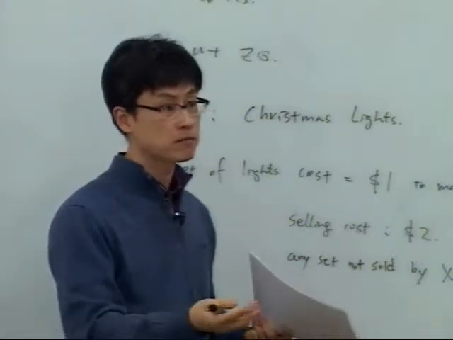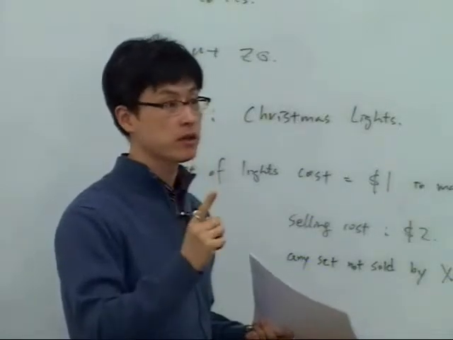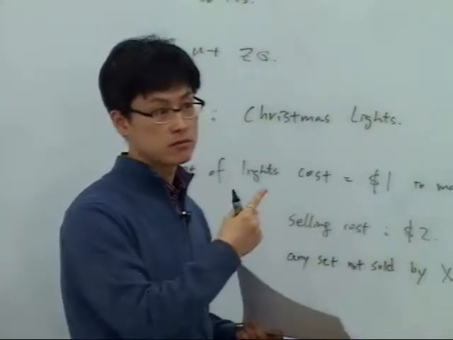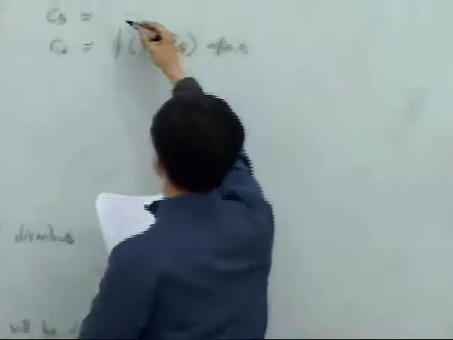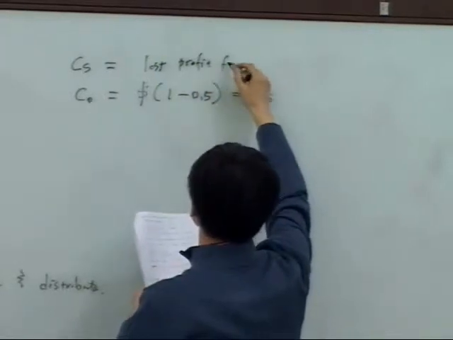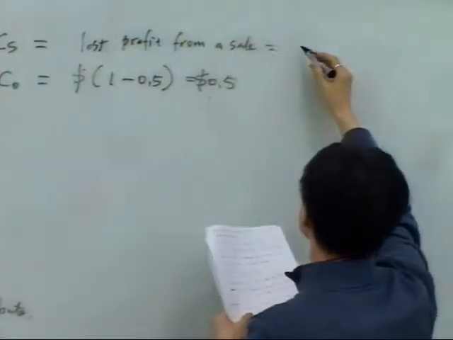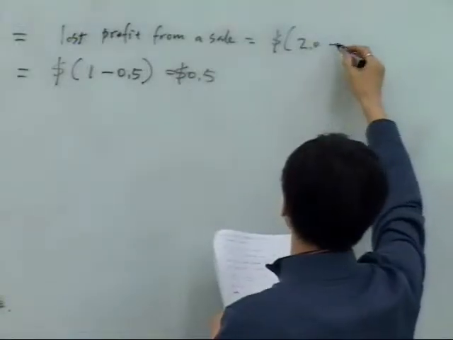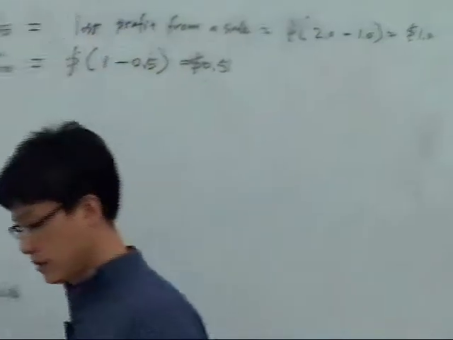How much do you earn? $1. It's the profit from one sale. Cost of shortage is lost sale, so it's going to be $1. This is selling price minus purchasing cost.